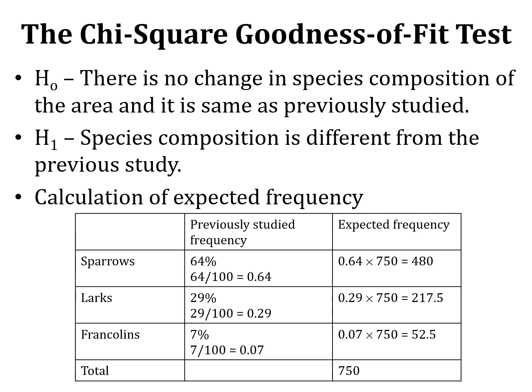And the expected frequency in the 750 birds that were observed is 0.64 times 750, which is 480 for sparrows, and 217.5 for larks, and 52.5 for francolins. So these are our expected frequencies.